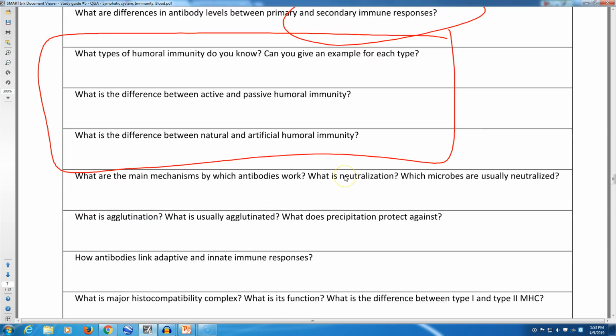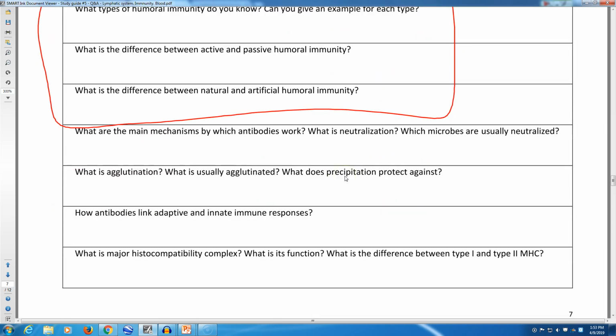Main mechanisms. We have this huge picture, the flow chart with mechanisms for antibodies. Basically, you need to know what precipitation is, neutralization, agglutination, how they can fix complement, and what the outcomes of the antibodies are.